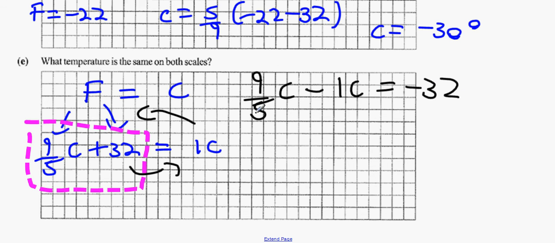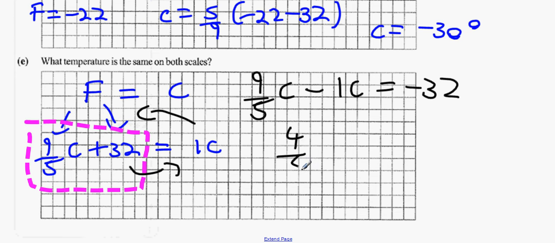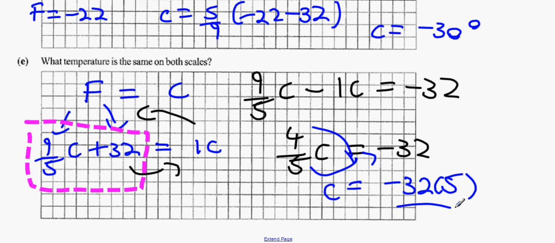Now 9 over 5 minus 1, once again in the calculator, is going to get you 4 over 5C. 4 over 5C equals minus 32. So what you're going to do is multiply by 5 and divide by 4. So C equals minus 32 multiplied by 5 and divided by 4.